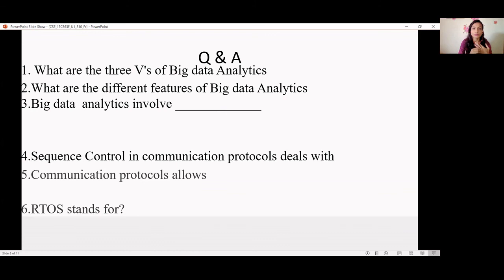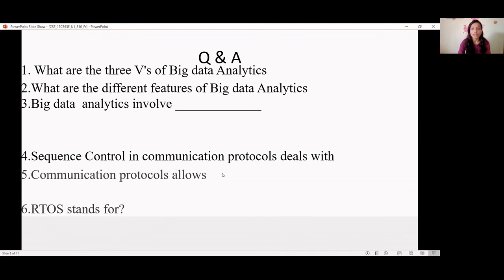Large amounts of data and a large variety of data we can collect, and all these can be analyzed to get a better understanding. We can predict what is going to happen based on big data analytics. Next, big data analytics involves the analysis of large amounts of data, you can write.